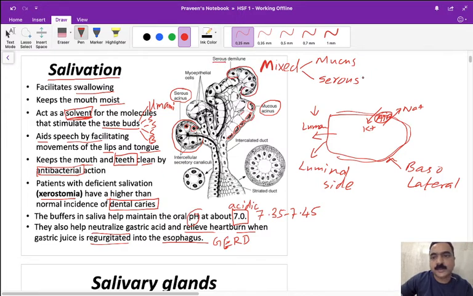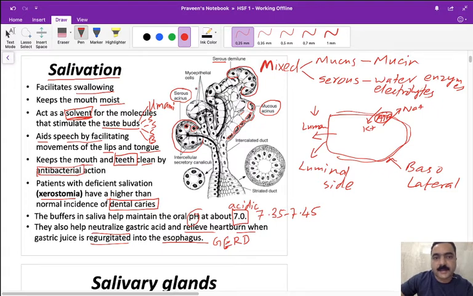Serous secretions include mainly water plus electrolytes, and also the enzymes, whereas the mucus secreting cells contain mucin. This is the glycopolysaccharide that makes the saliva lubricating and thick. Serous makes it more watery.